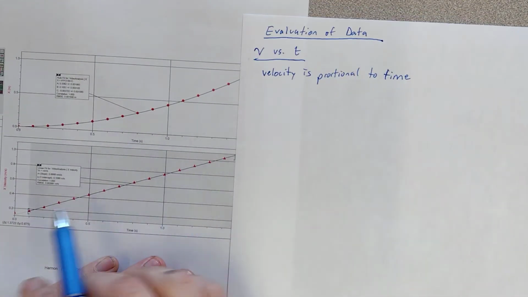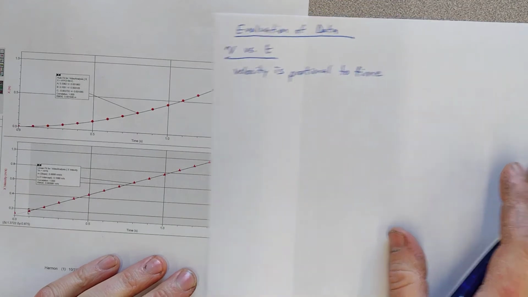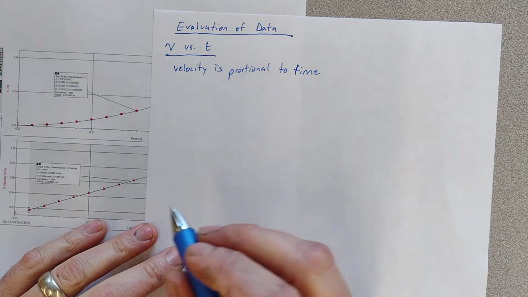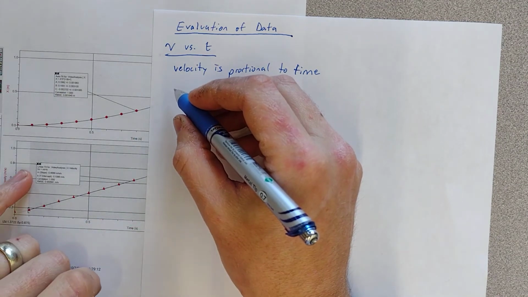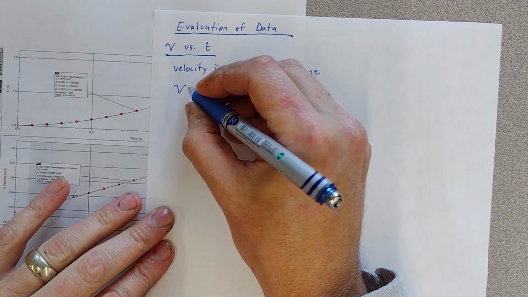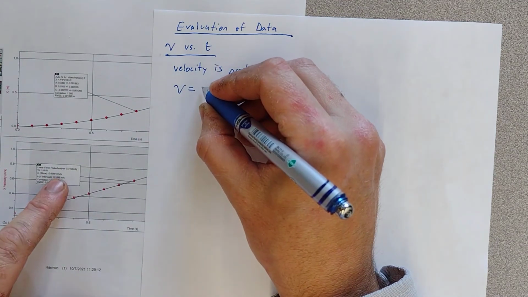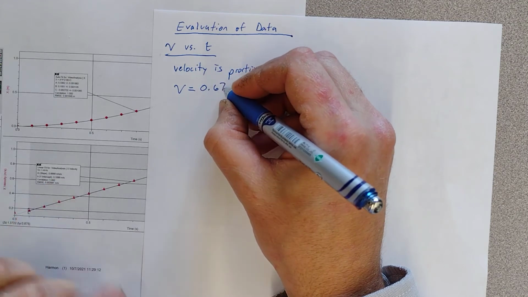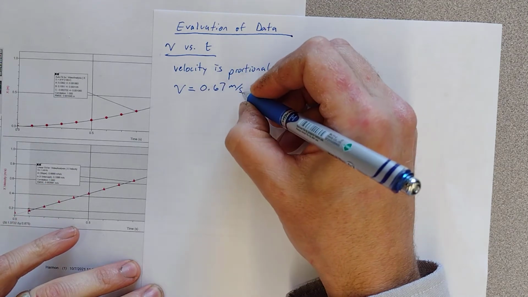We use the linear fit line on the velocity versus time graph. So it gives us the equation. We're going to write it a little bit differently. We're not going to write the capital Vx that the software gives it. We're just going to call it V equals, and we're going to put in the number here, 0.67 meters per second.